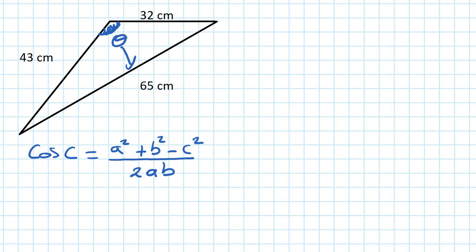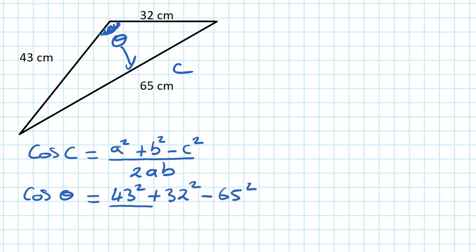So we write down cos of theta is equal to, because most important is C, please keep that in mind, 43 squared plus 32 squared minus 65 squared, all over 2 times 32 times 43. Because I run out of space, I write in here.